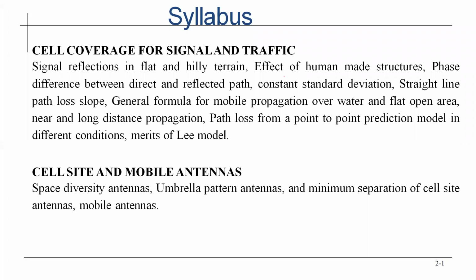That's the formula for mobile propagation over water and flat open area. And in coming chapters, we will discuss the path loss from the point to point prediction model in different conditions.